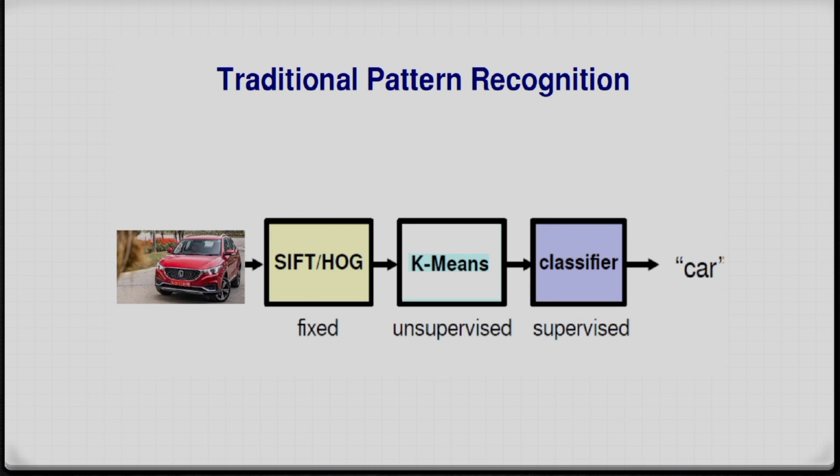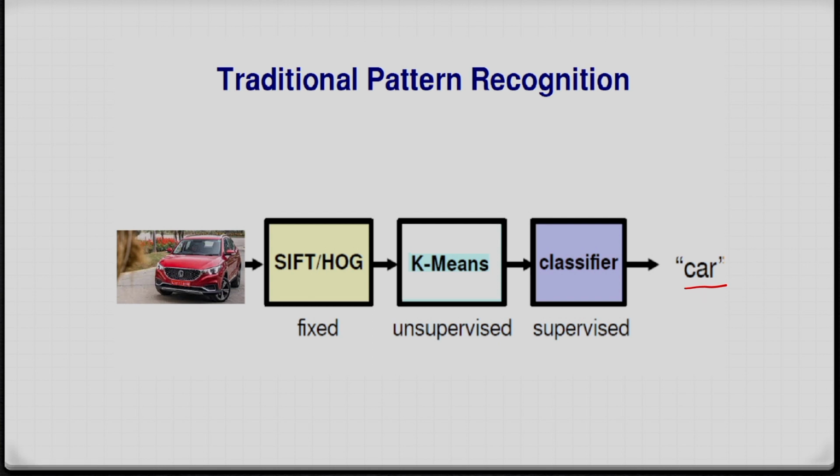In this case I am considering the features, maybe SIFT feature or the HOG features, and after this I can apply some unsupervised or supervised classification techniques for object recognition. So that means the object is car that is available in the image that I can recognize.